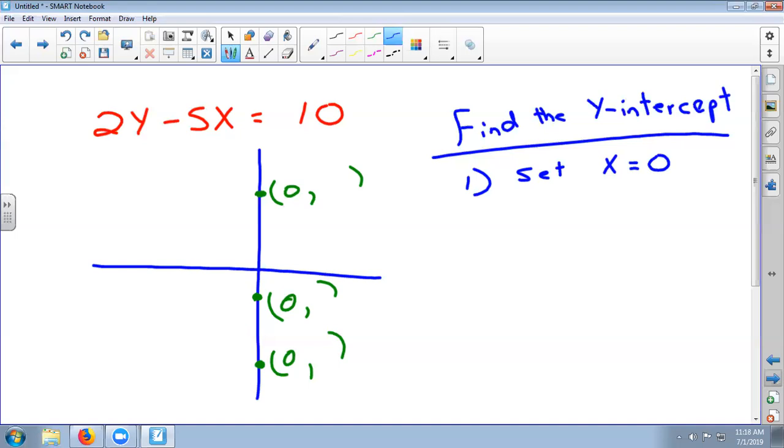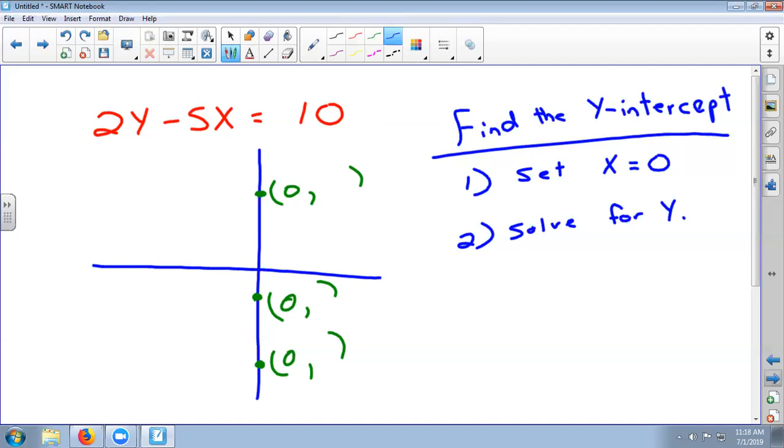Set x equal to 0, solve for y. It's just the opposite.